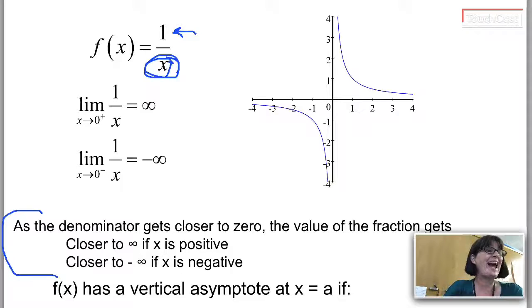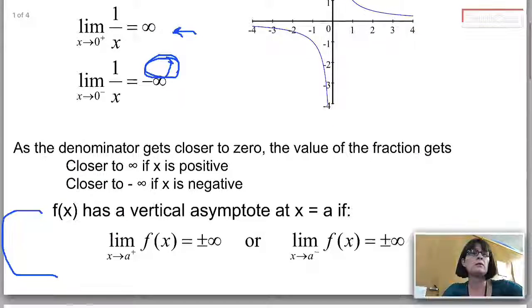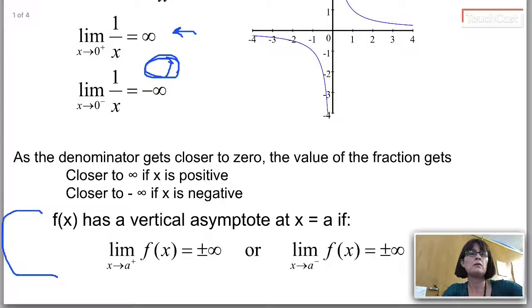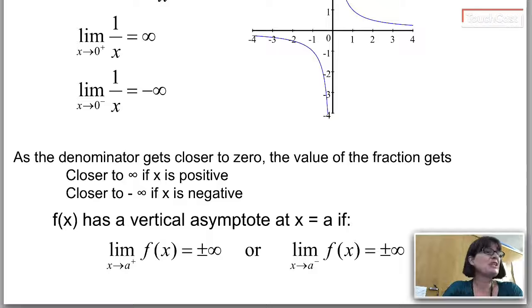So let's talk about an actual definition for a vertical asymptote. A function has a vertical asymptote if the limit as x approaches some value, here we happen to have called it a, from the right, is either positive or negative infinity.